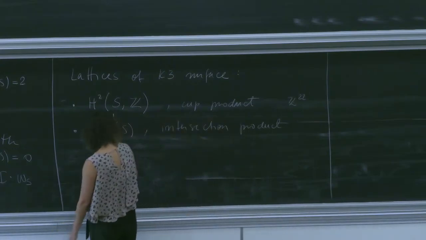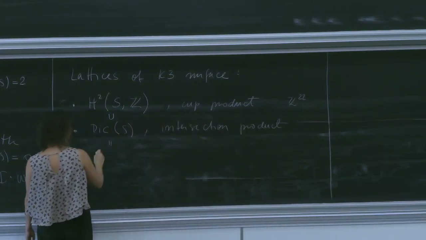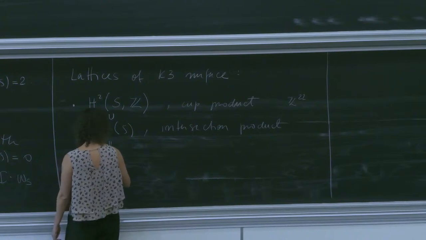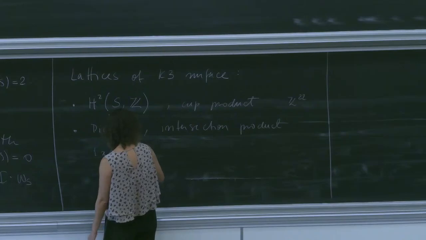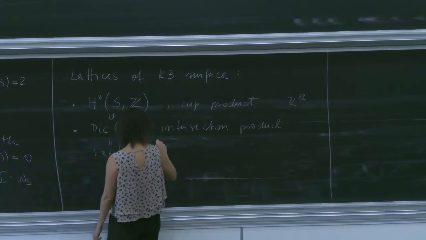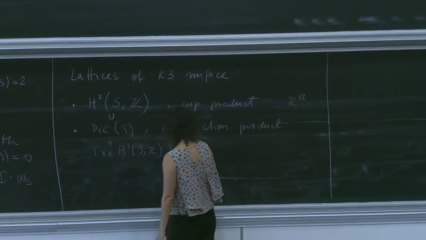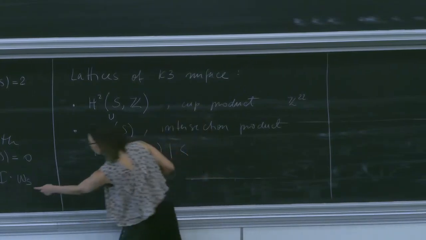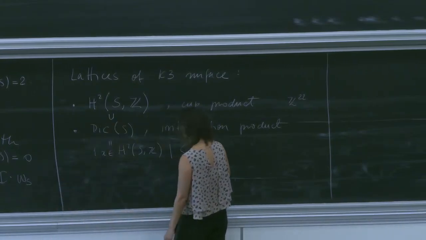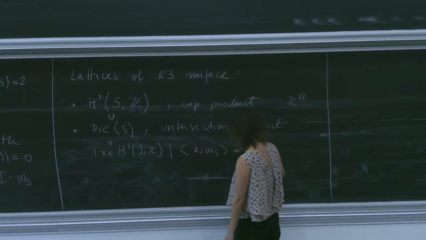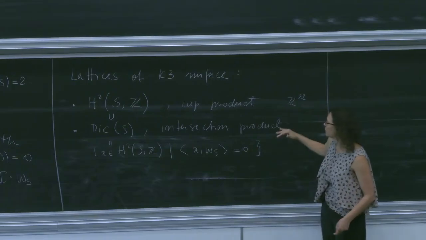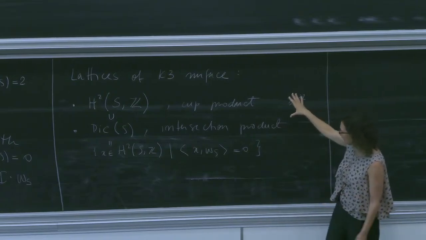Inside of the K3 lattice, it can be defined as the set of vectors in H^2(S, Z) that intersect this unique two form to 0. And so this is a sublattice of the K3 lattice.